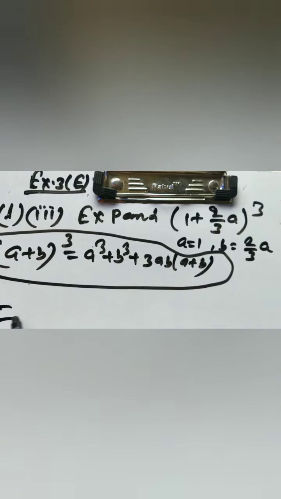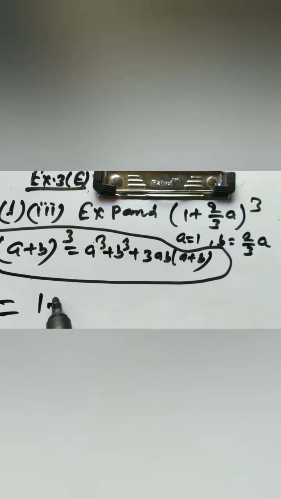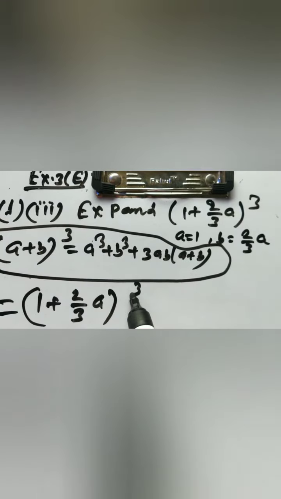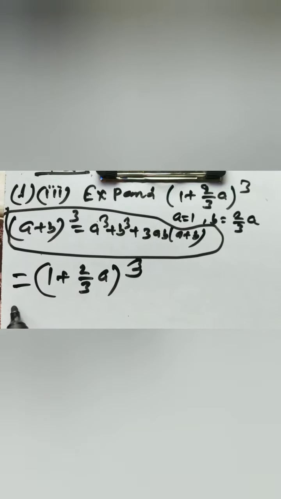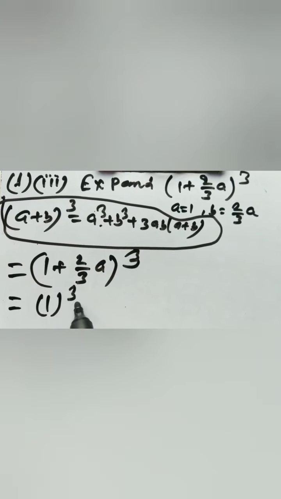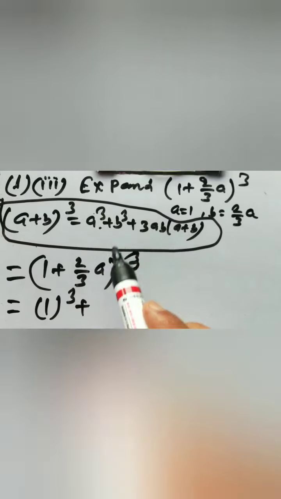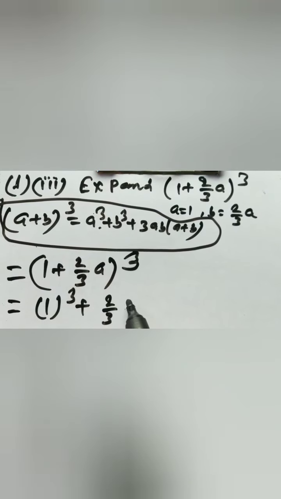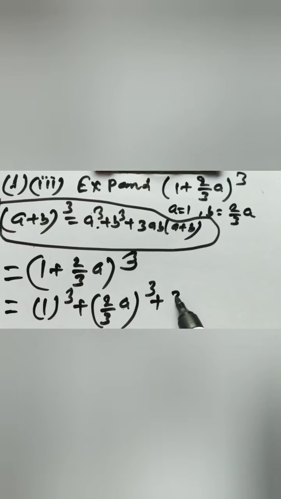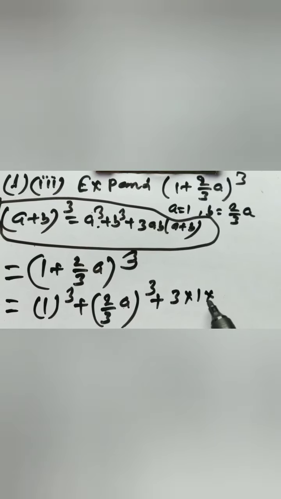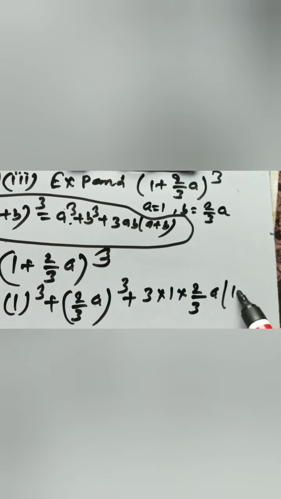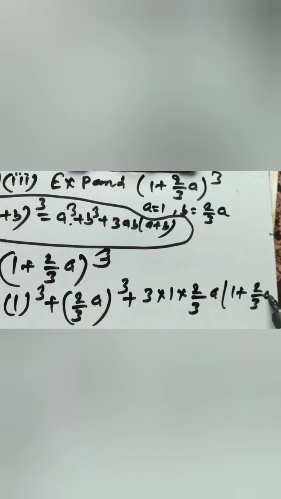So (1 plus 2 upon 3a) the whole cube will be equal to a cube, that is 1 cubed, plus b cube, that is (2 upon 3a) the whole cube, plus 3ab, that is 3 into 1 into 2 by 3a into (a plus b), (1 plus 2 by 3a).